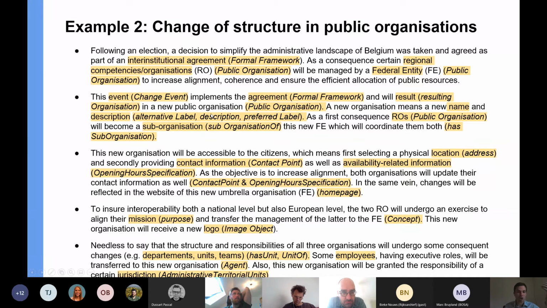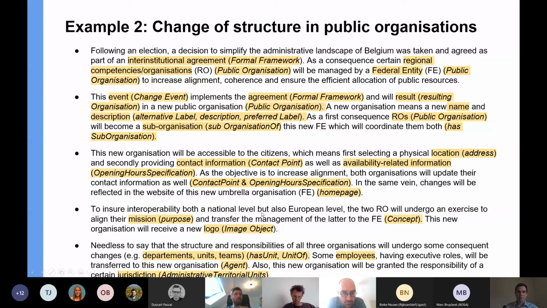So, for example, a new organization will be created with a new name, a new description, and the previous organization existing will become sub-organizations of the new one. Then it will also mean that this new organization will need some contact information, and also some information about the open hours at which citizens and businesses can reach it. It will need to have probably an interface online, such as a website, have specific addresses.